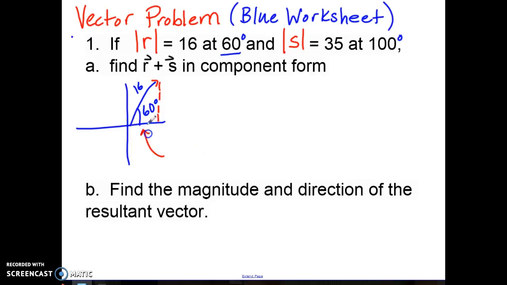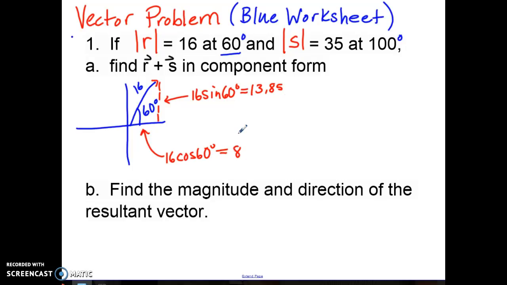And if I'm figuring out the component form of this vector, remember this part is the magnitude times the cosine of 60 degrees, and the vertical direction is the magnitude times the sine of 60 degrees. So the components of that vector after we do the math are 13.85 and 8.